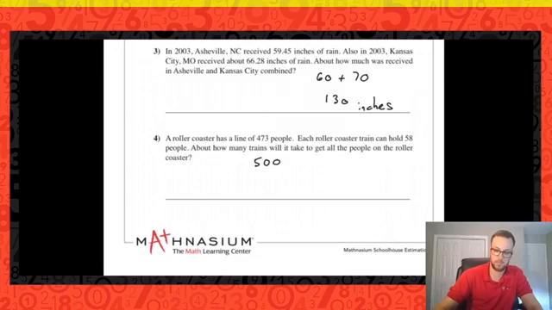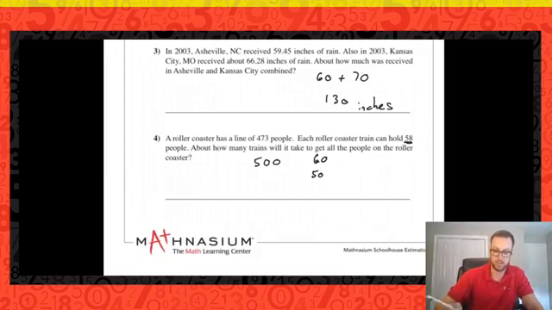If we're working with the number 500, when we consider how many people each train can hold, do we want to round 58 up to 60? Or we could round it down to 50, and I think that number is a little bit easier to work with in this case.